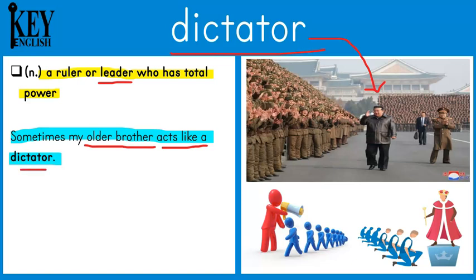I could also say people wanted freedom from the cruel dictator. Or the dictator had total power over the government. Another example would be a dictator does not usually allow free elections.